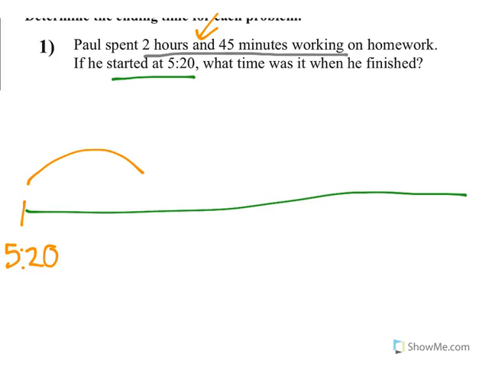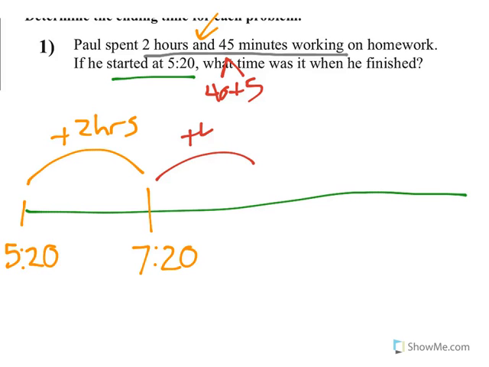That's correct. I would start by adding 2 hours. So 5 plus 2 hours would put me at 7:20. Then I need to add 45 minutes. I'm thinking I might should do something other than the whole 45 minutes. Exactly. I'm thinking of adding 40 and then 5.